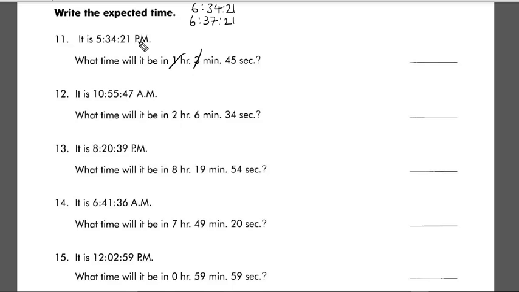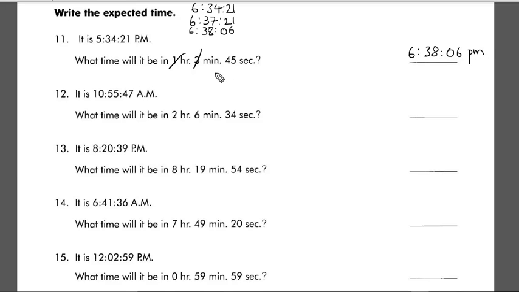As I mentioned earlier, I can't have 66 seconds. I need to take 60 of the seconds out and put them in the minutes column as an additional minute. So 66 would leave me with 6 seconds here. If I take the 60 out, I put it in there as an additional minute, and the hour remains the same. So my final answer is 6:38 and 6 seconds, and that's PM.